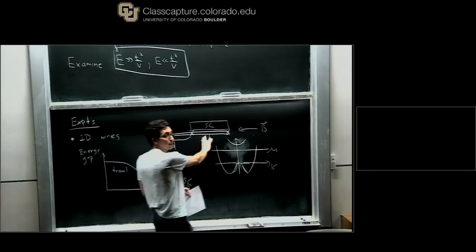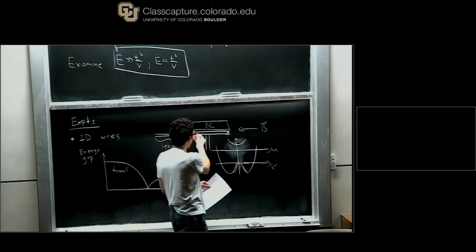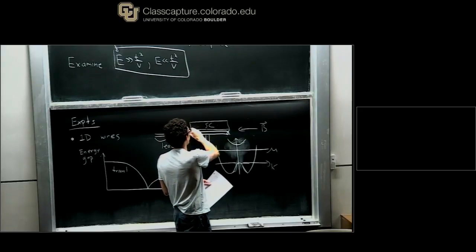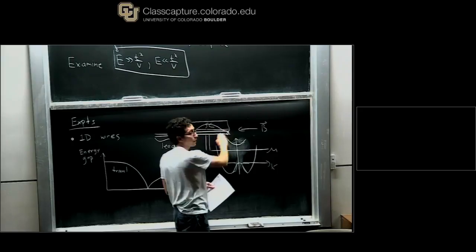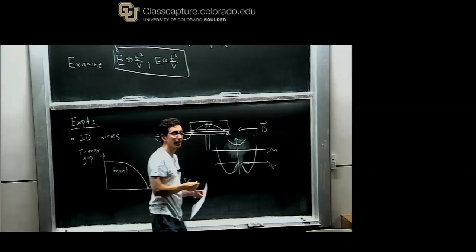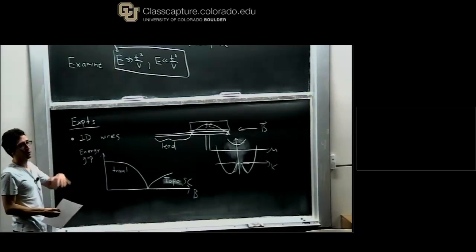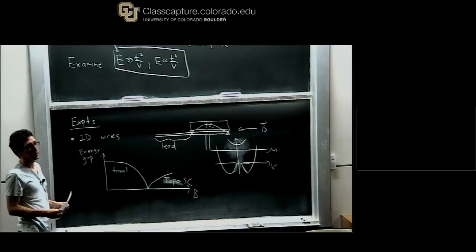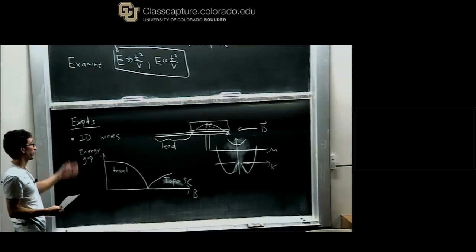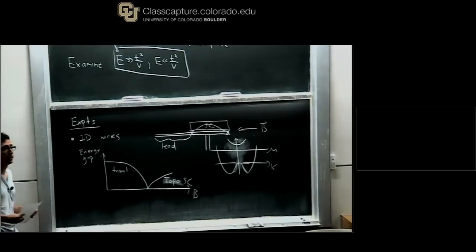You mean this width? I think it doesn't matter too much. You should imagine that the low energy wave functions have that spatial profile. So as long as you put another lead which is probing the position where those wave functions have appreciable weight, then I think you're okay. In fact, an experiment along these lines has recently been done by Matti Heiblum. I think it's not out yet, but.